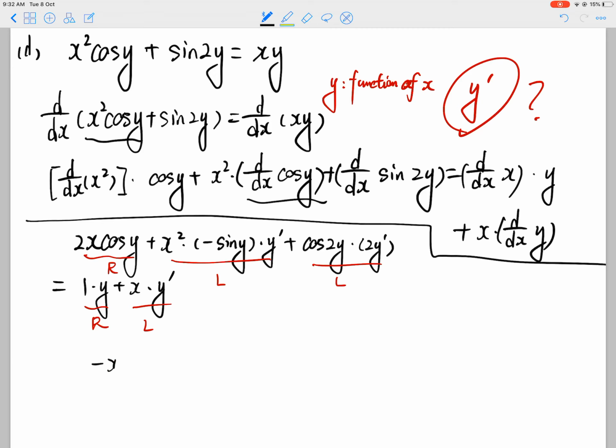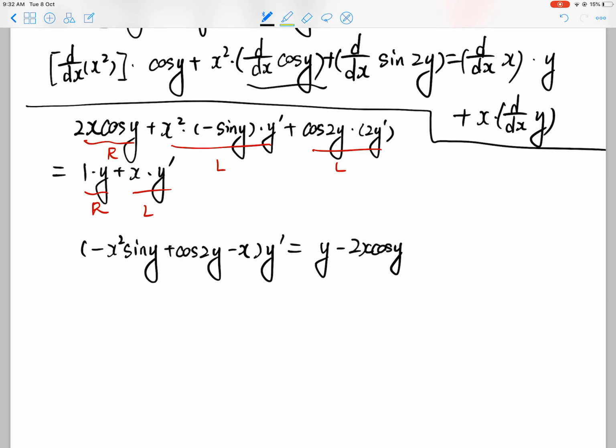So what do we get? It's negative this, plus cosine 2y, minus x, times y prime, equals, when you move this to the right side, you change the sign, y minus 2x cosine y.